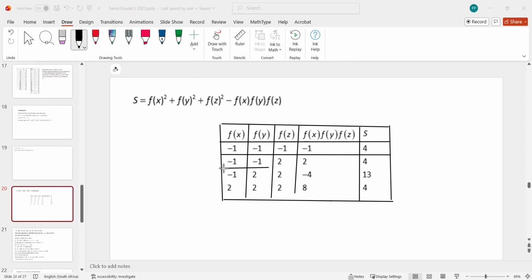All right, so the first case is where all of them were -1. Second case is where two of them are -1. The third case where one of them is -1. The last case where none is -1.